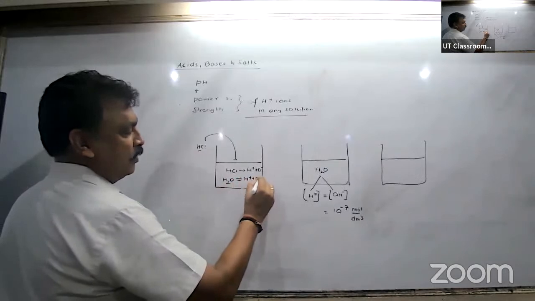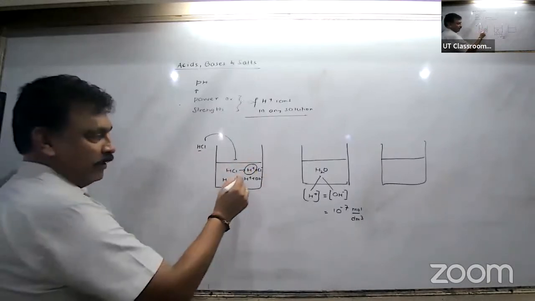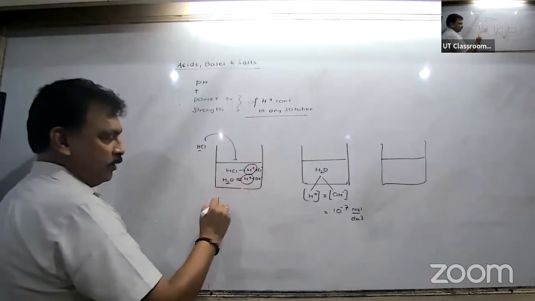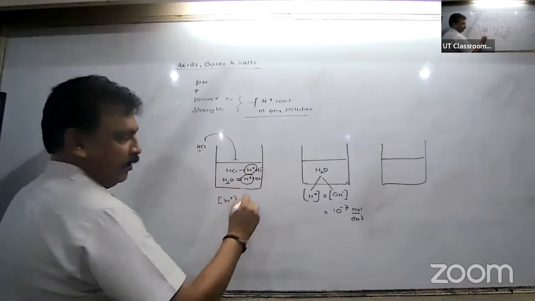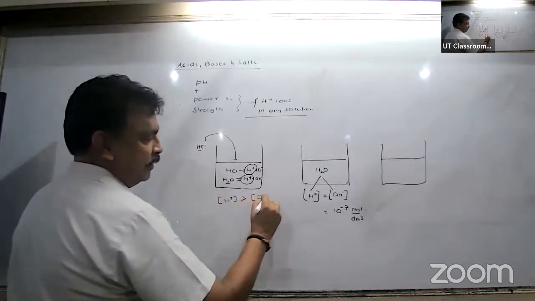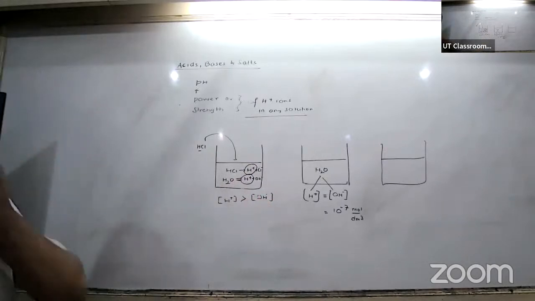So the contribution is from acid as well as water. Naturally H plus ion concentration will increase and OH minus ion will adjust accordingly. It will decrease comparatively.